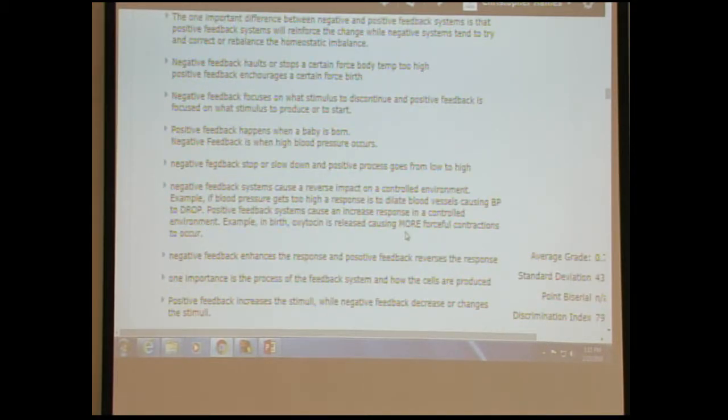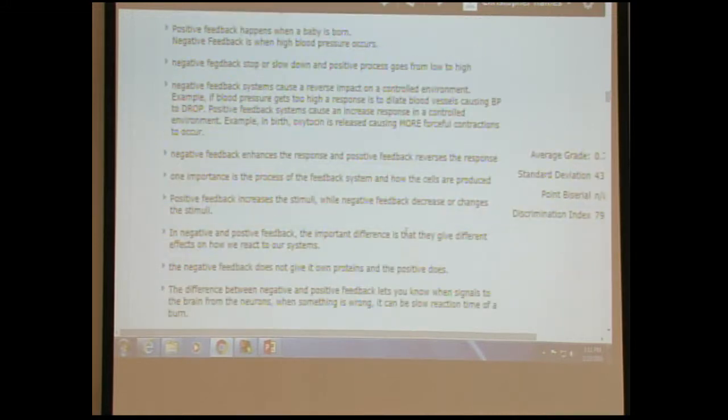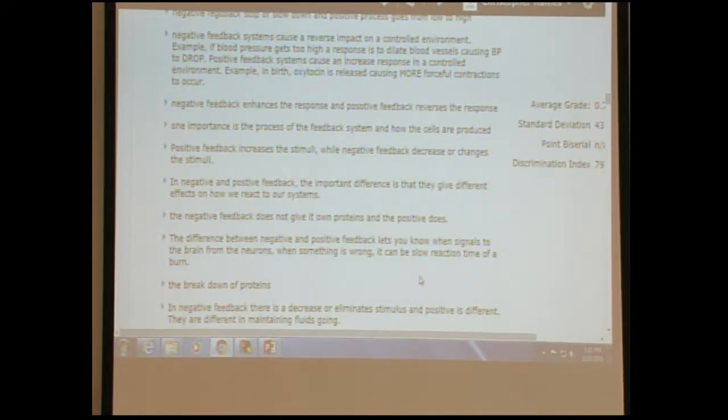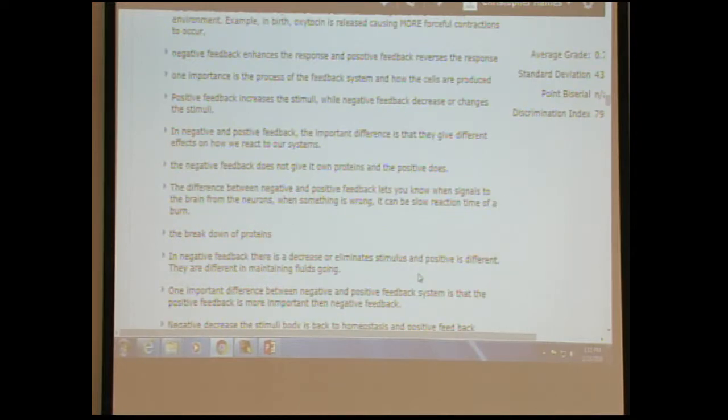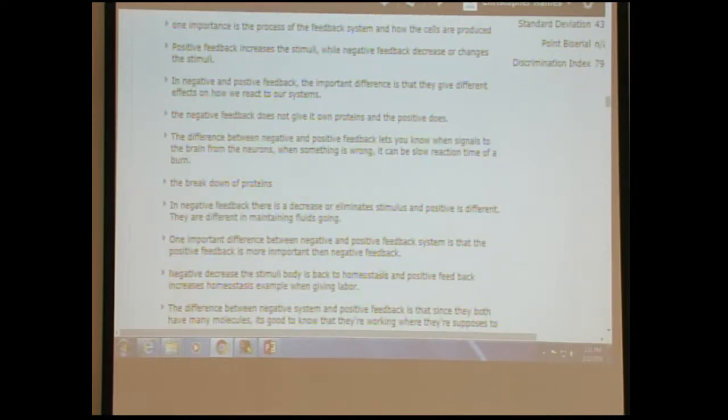Let's see if we can find one. All right, so this one's pretty good. In negative feedback, there's a decrease of the stimulus.